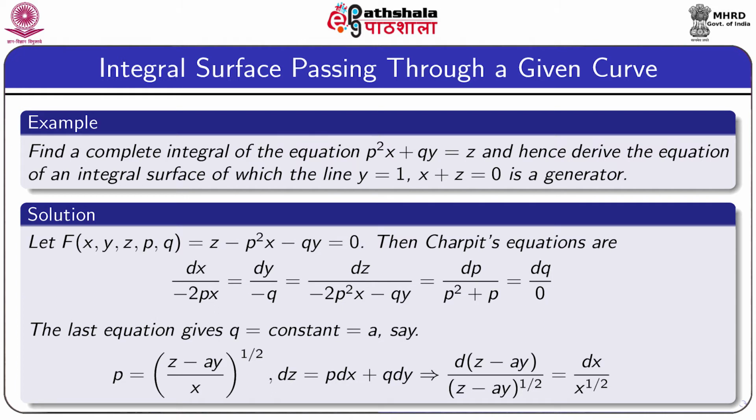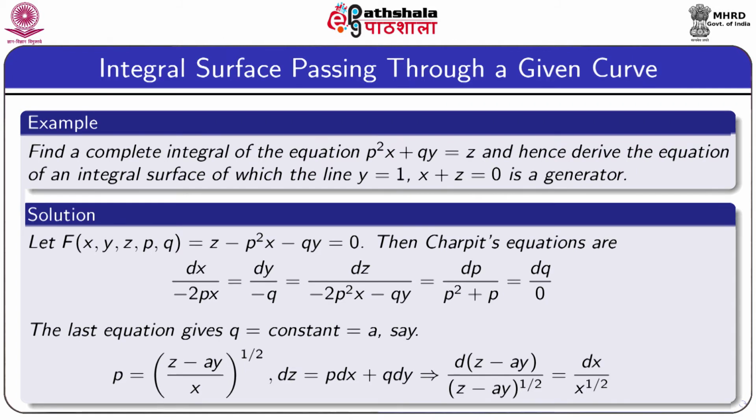Now, using the relation dz equals p dx plus q dy and substituting the values of p and q, we get the equation d(z minus ay) by (z minus ay) to the power half equals dx by x to the power half.